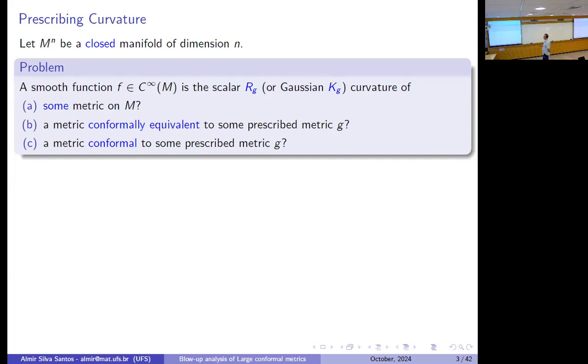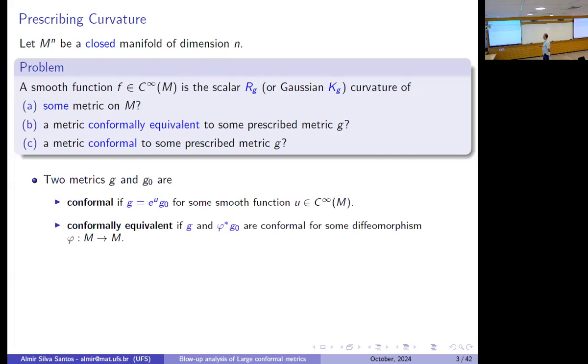And also you can study this problem in the conformal class. Two metrics are said to be conformal if there is some positive function satisfying this condition. g and g tilde are conformal if they satisfy the relation. And they are conformally equivalent if there is some diffeomorphism of the manifold such that these two metrics are conformal, right?